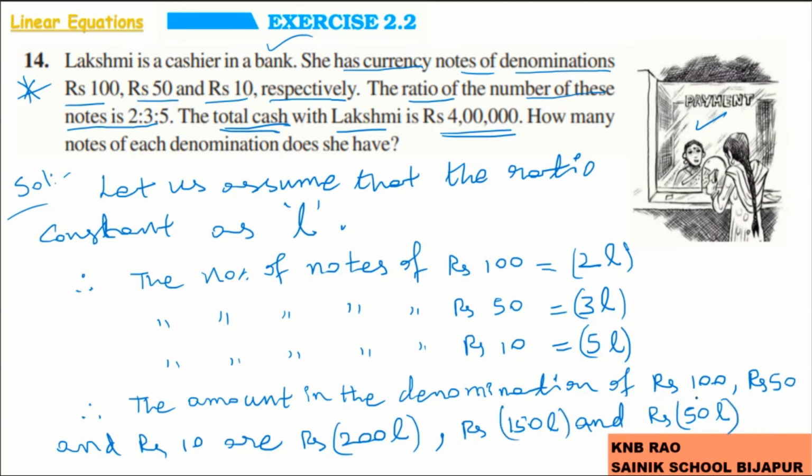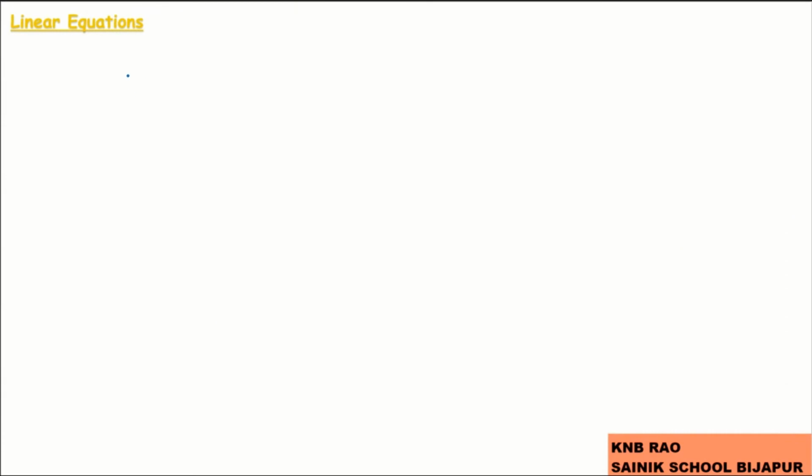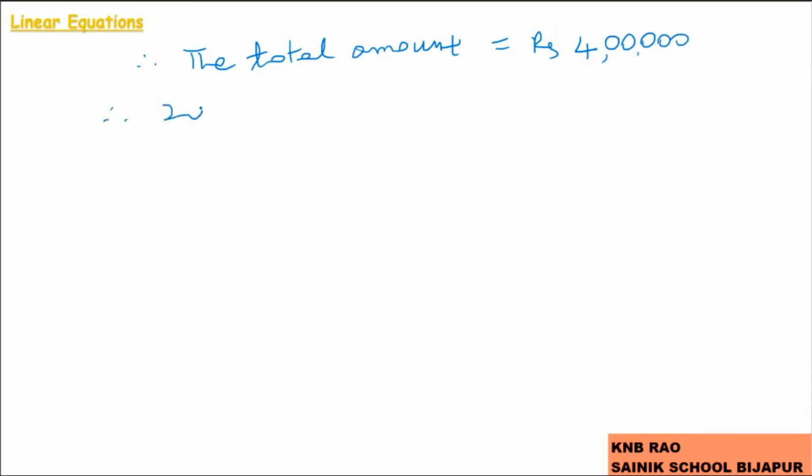Now these total money, continuing further, the total amount is rupees 4 lakh. Therefore 200L plus 150L plus 50L should be equal to this 4 lakh.